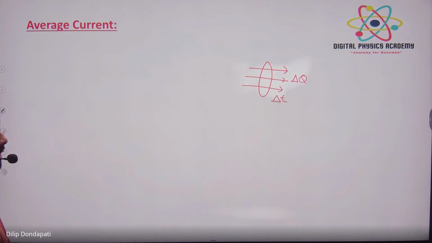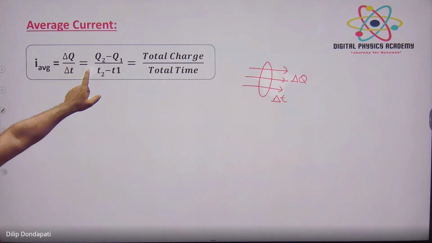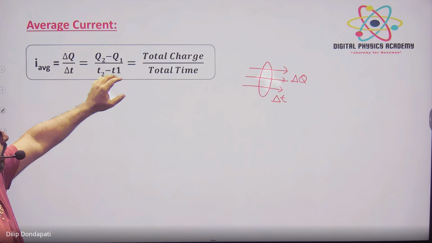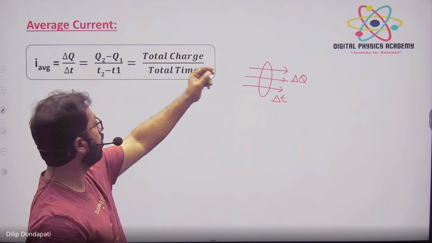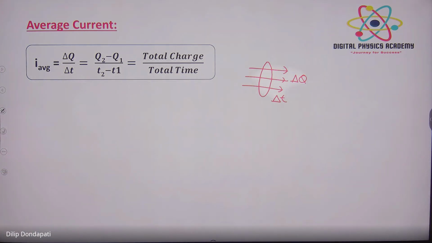Then average current is delta Q by delta T, that is Q2 minus Q1 by T2 minus T1. Total charge flowing per unit time through the cross section area is called average current.